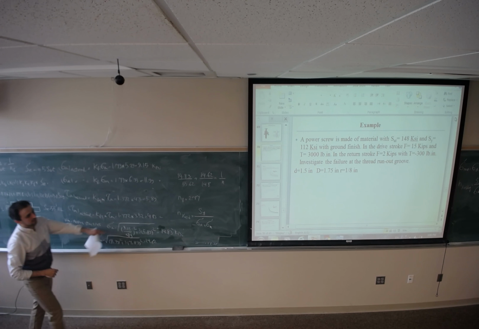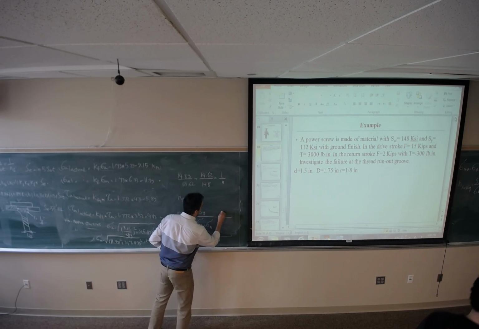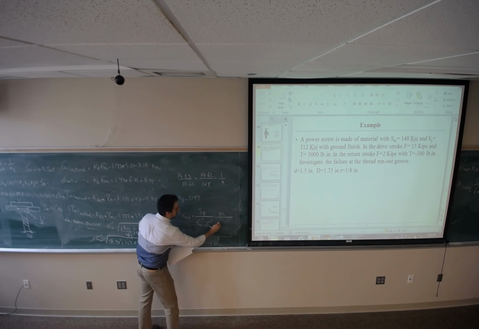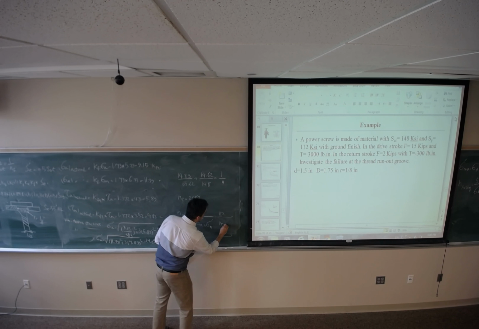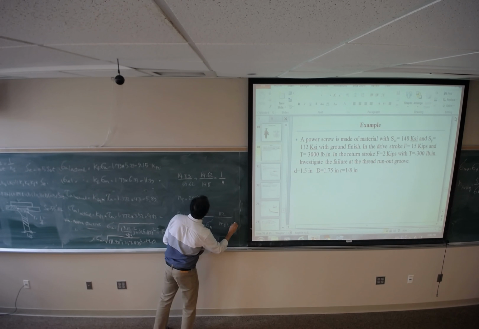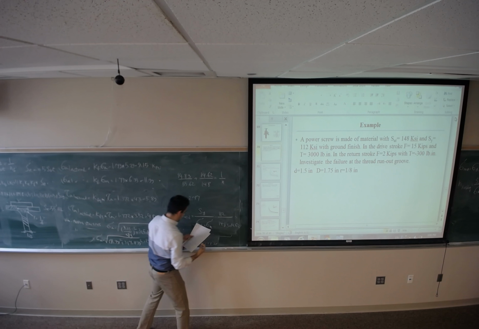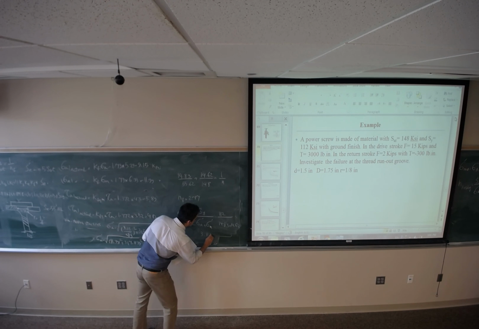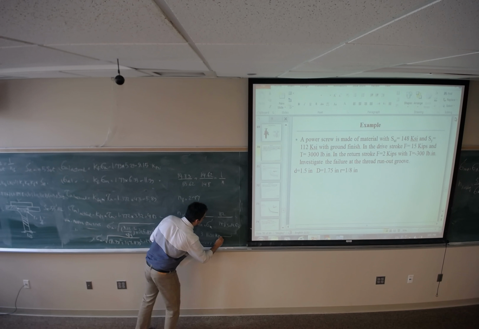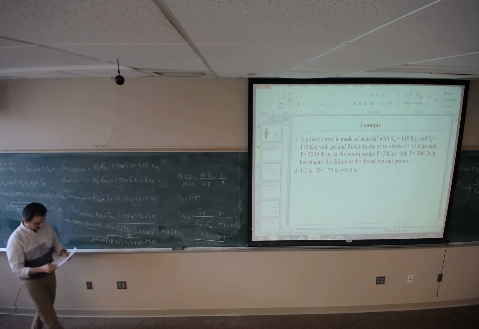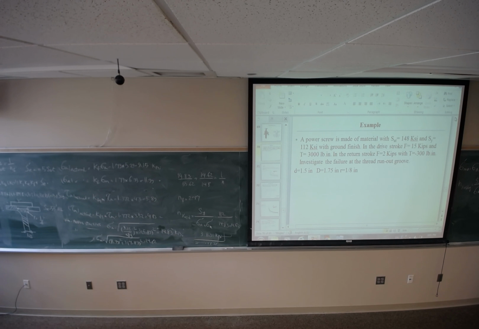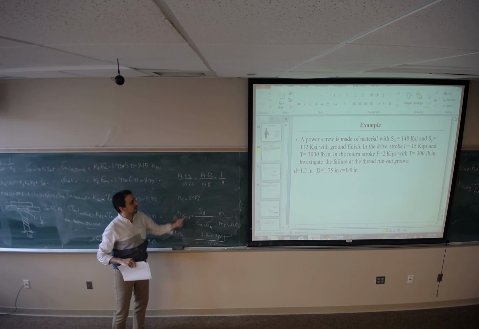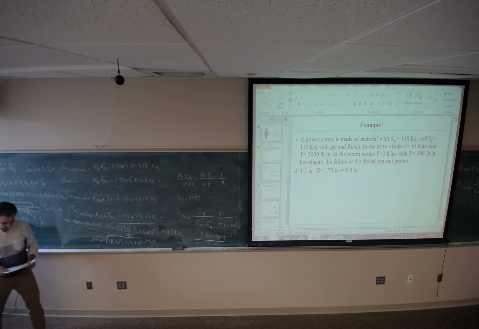This is against fatigue, this is against yielding. 112 over 14.83 plus 14.62 gives 3.8031. If you compare these two, if failure is going to occur, it will be due to fatigue.